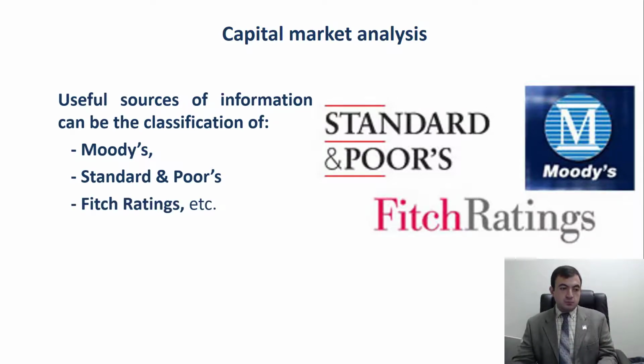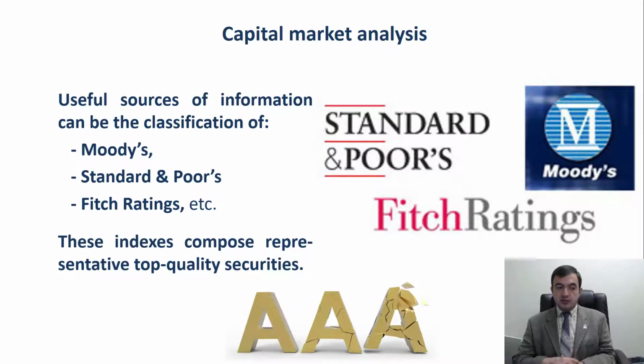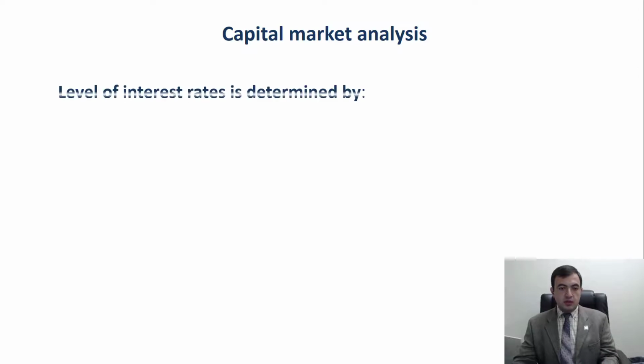And these indexes compose the representative top quality securities. So when we look at these classifications and the ratings, we can understand the capital markets. A good source to use and very useful.